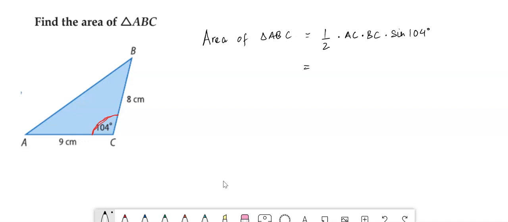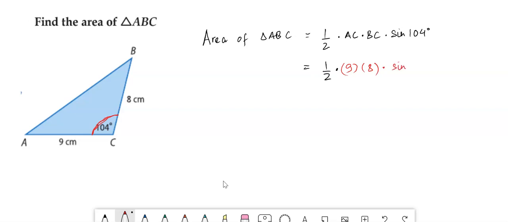because angle C, 104 degrees, is actually the included angle, and that's what we have learned a few minutes ago. So AC is 9 centimeters, BC is 8 centimeters.